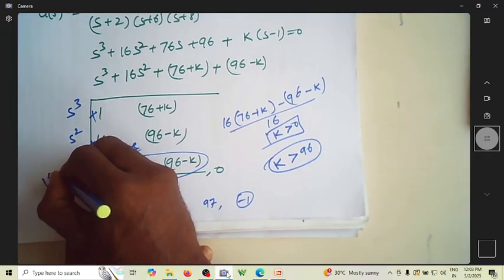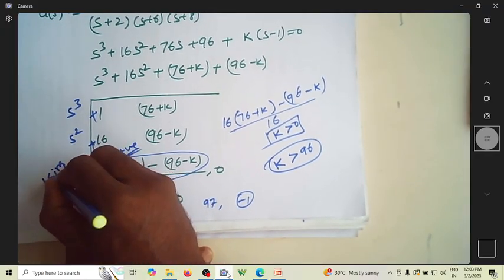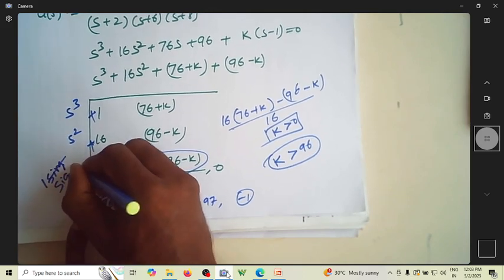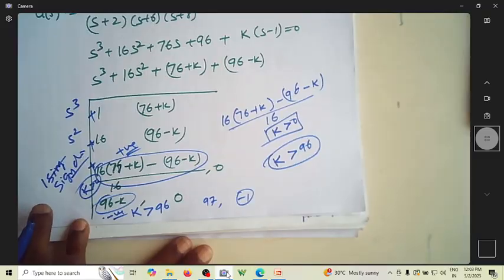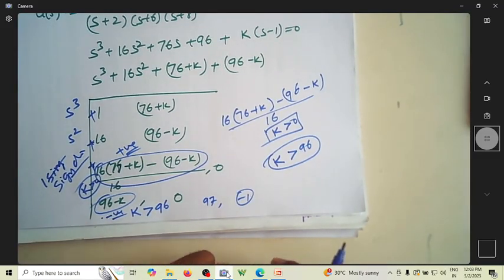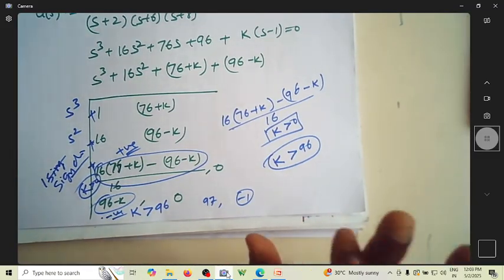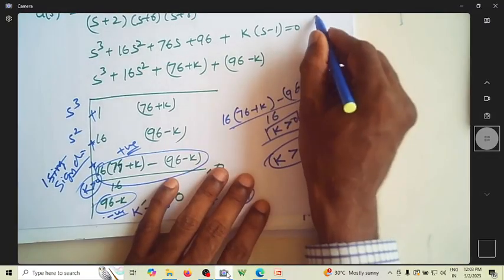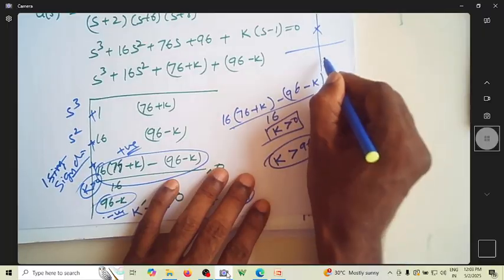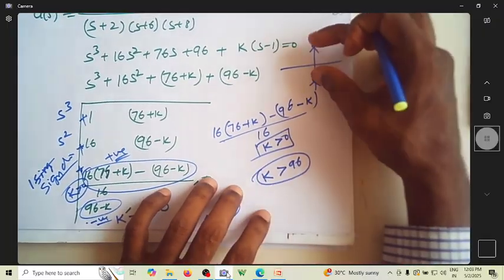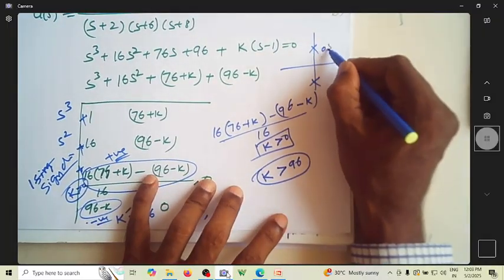Only one sign change. Since there is only one sign change, of course the system cannot be oscillatory. For the system to be oscillatory, two poles should come onto the imaginary axis. Only then is the system oscillatory.